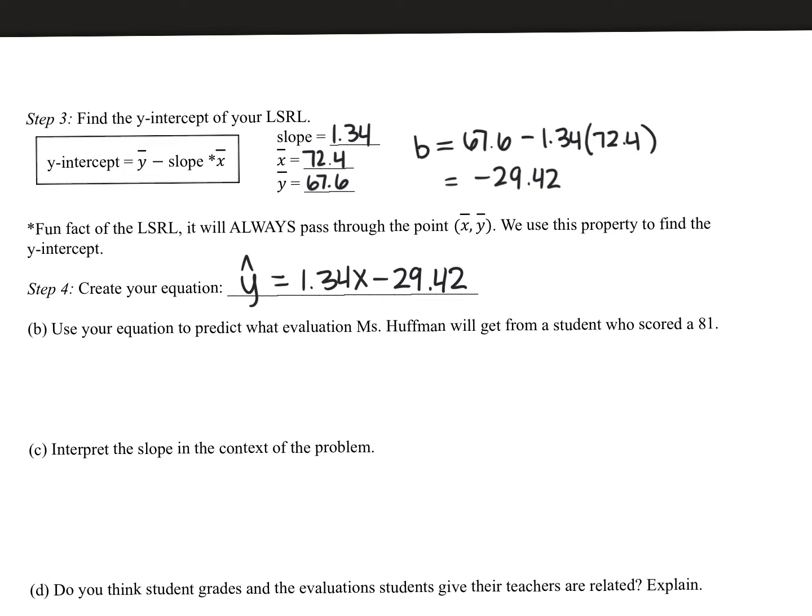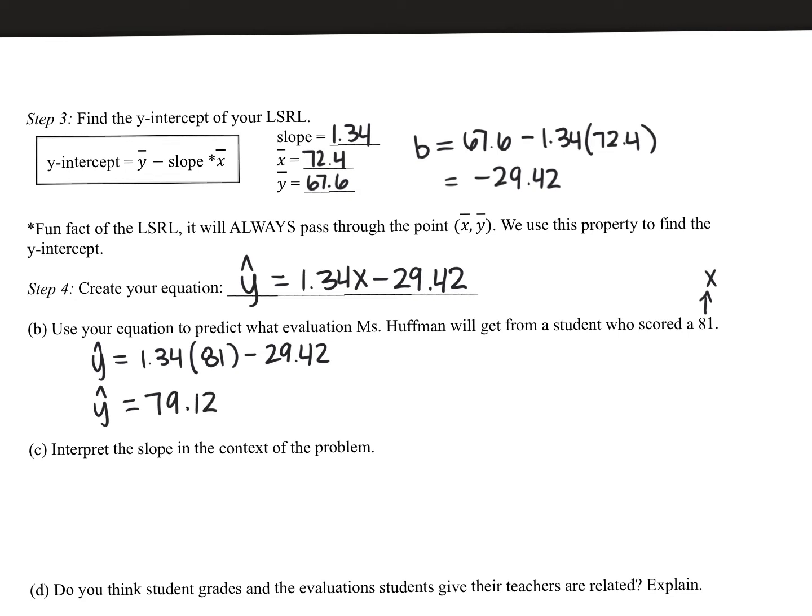So we're going to use the equation to predict what evaluation Ms. Huffman will get from a student who scored an 81. So 81 is our x. We'll have y hat equals 1.34 times 81 minus 29.42. And we get that they gave me a score of 79.12.